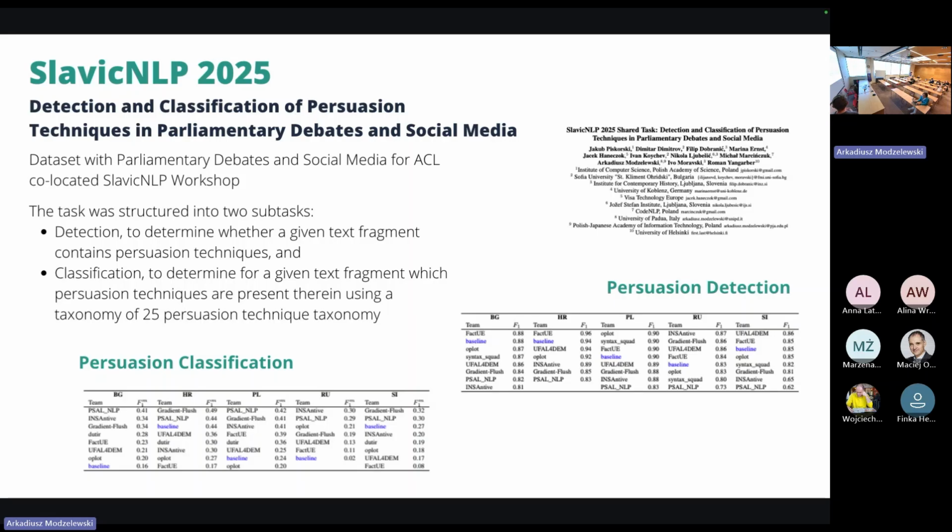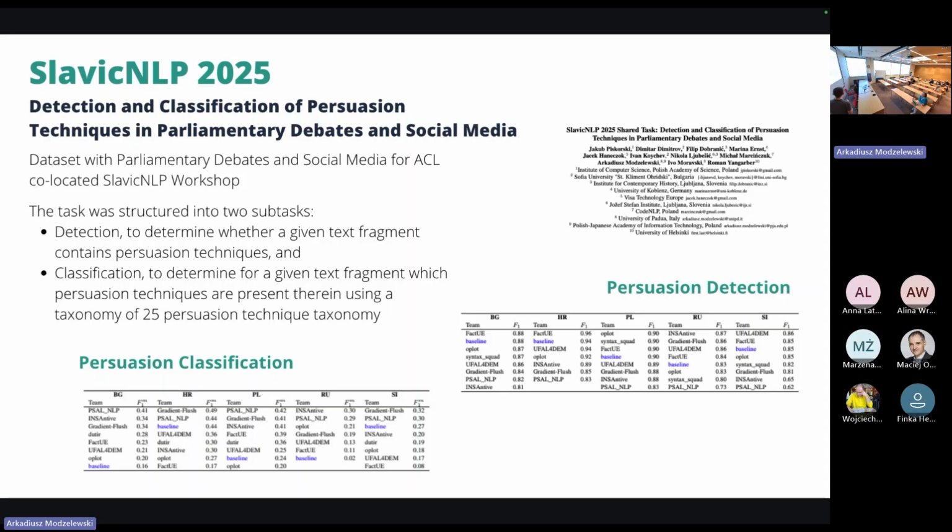And here you can see results from both tasks. The first one, binary, is visible on the persuasion detection. And you can see that the baseline was quite good because actually I used a baseline which was fine-tuned multilingual RoBERTa.